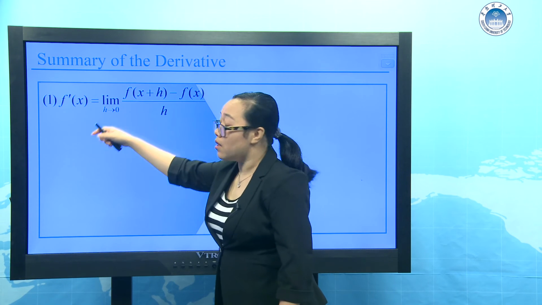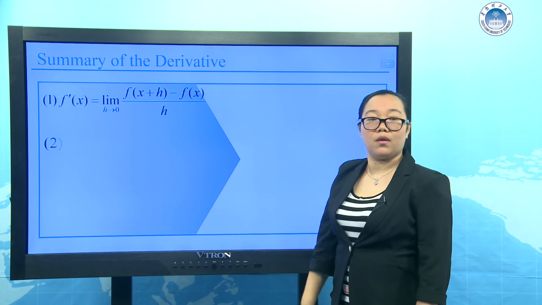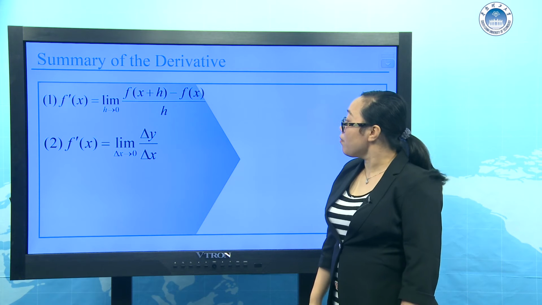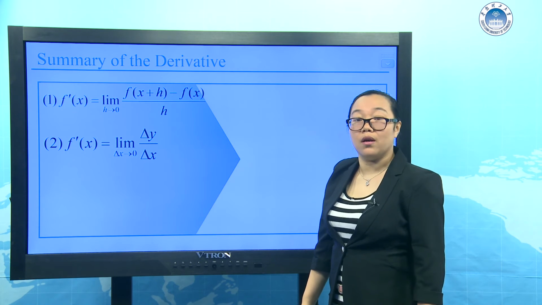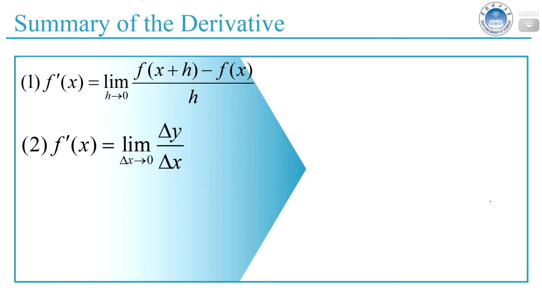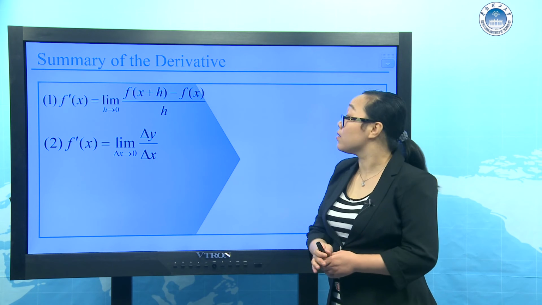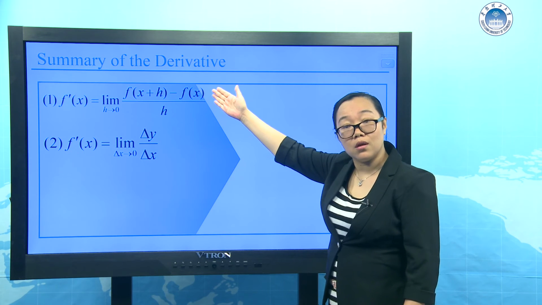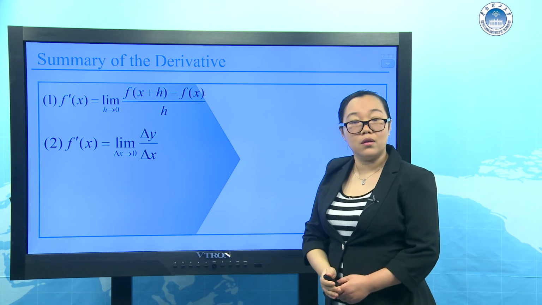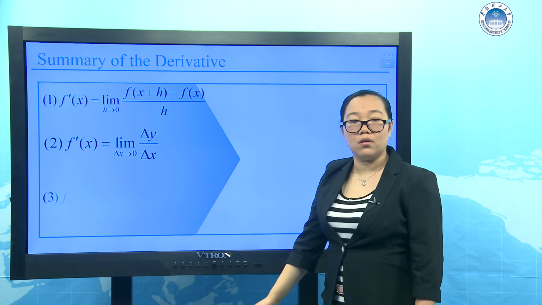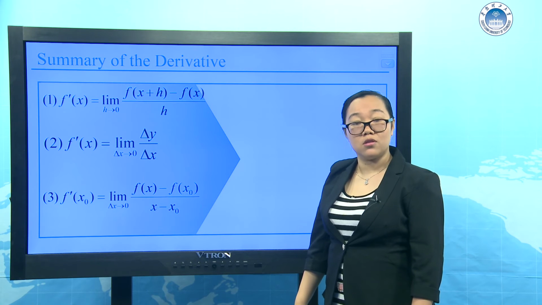h is the same expression. f prime x, we can write in another form, equals the limit of delta y over delta x, as delta x tends to 0. What is our delta y? Delta y means the increment of the function y. We can write it in this form, delta y over delta x. Look at f prime x0.